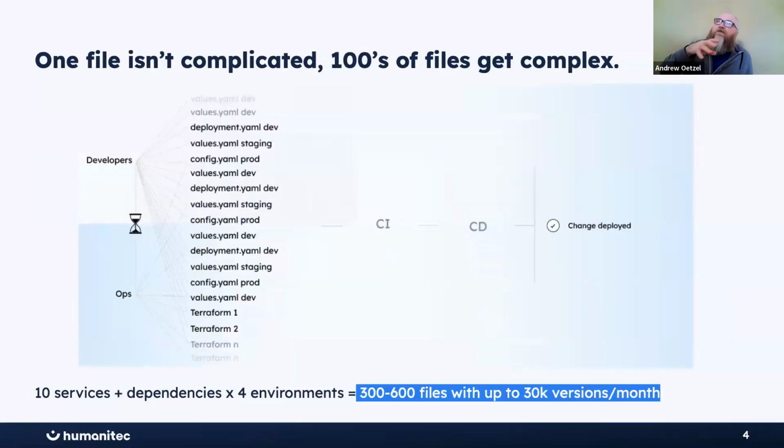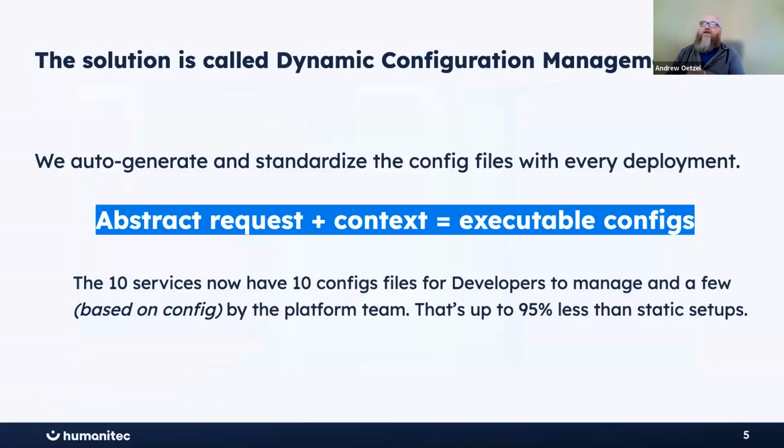So putting a robot called Humanitec Platform Orchestrator in charge of your 300 to 600 to 30,000 files a month can greatly benefit your team's psychology, so that the robot is now doing all the tedium. The robot is now doing all the ticket ops. The robot is now making sure that the right DNS and the right certificate are in staging.